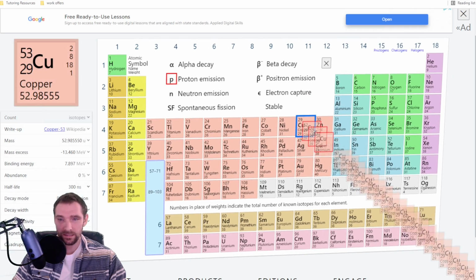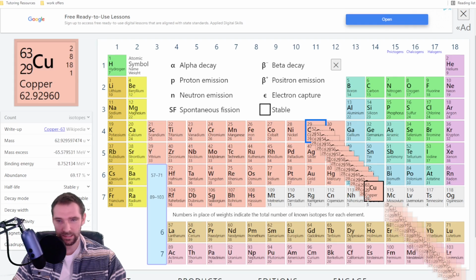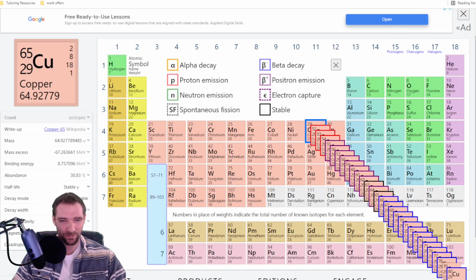But let's see. With the copper, it's going to be nearly 70% of this one, of the copper 63. You can see it's 69.17. And then this is 30.83.